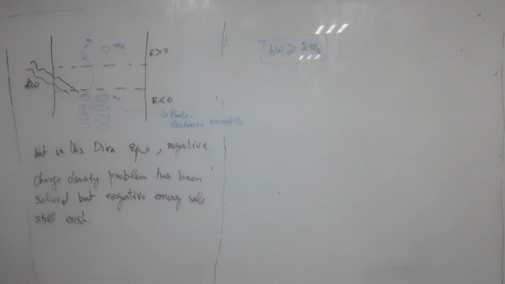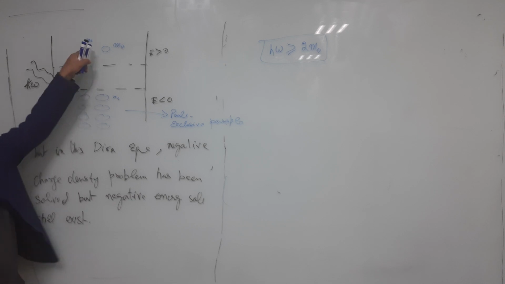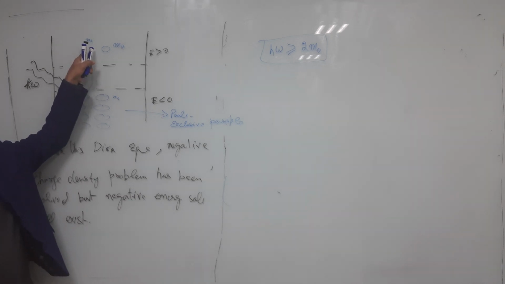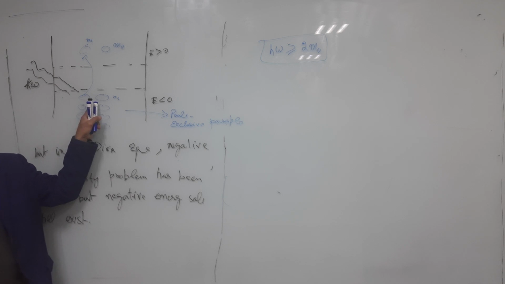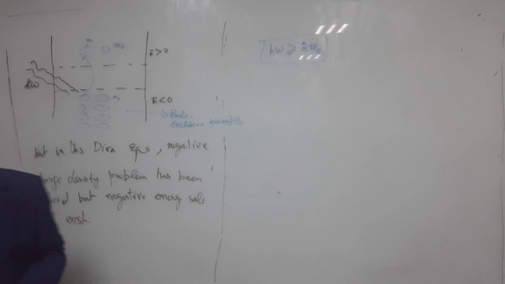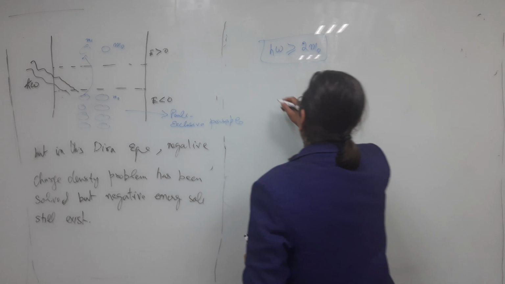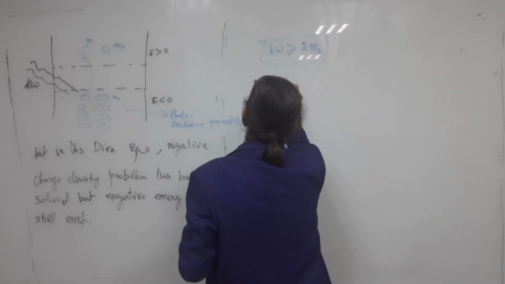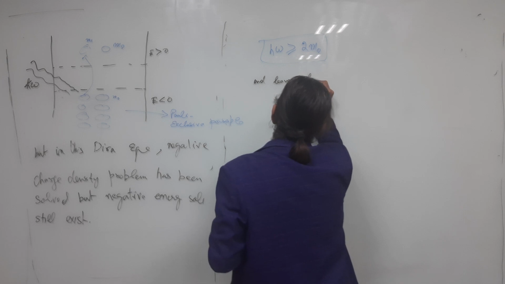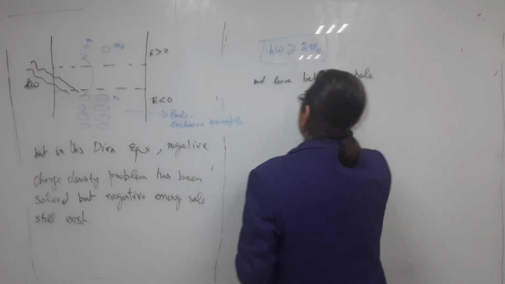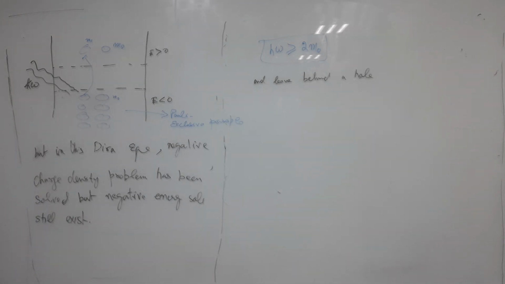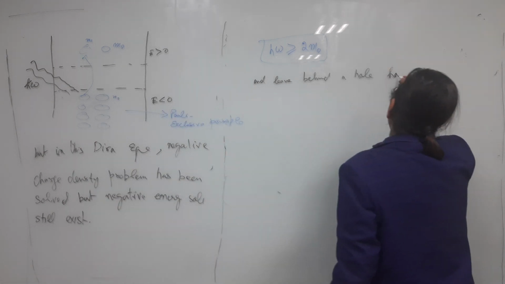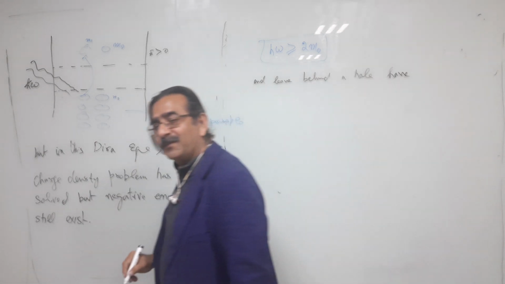And here, when this electron jumps into the upper level, there will be a hole. Yes, that is the Dirac hole. The hole has, what is the mass?